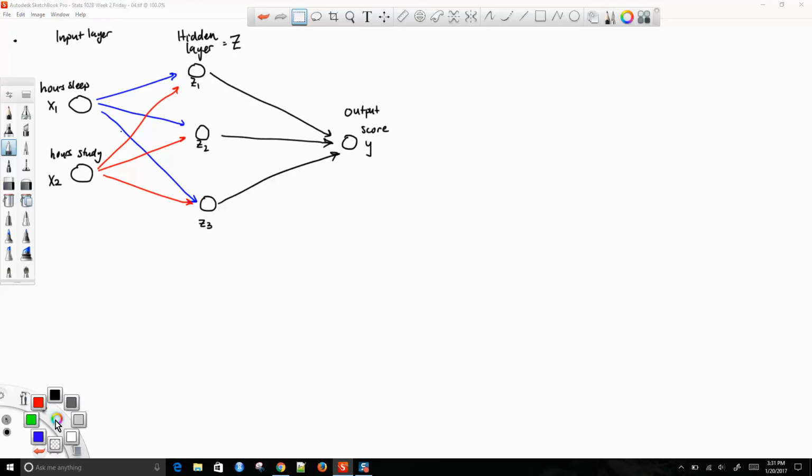And then we're going to multiply that by our second weight matrix.